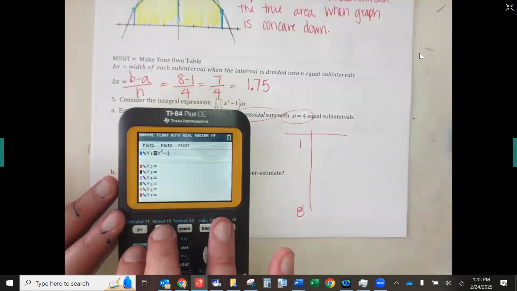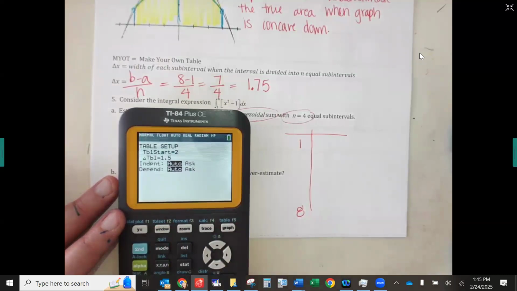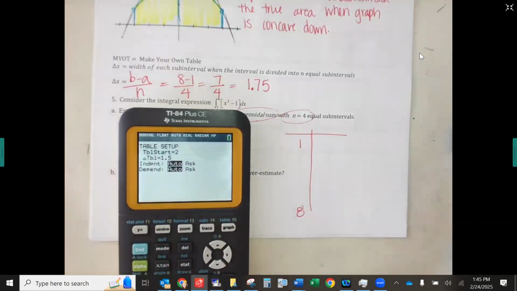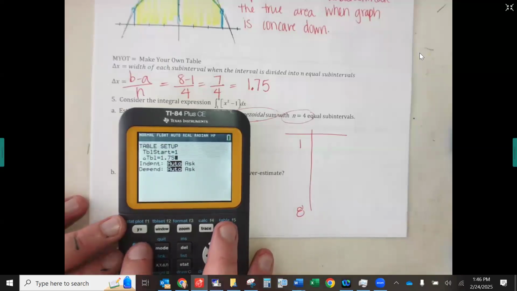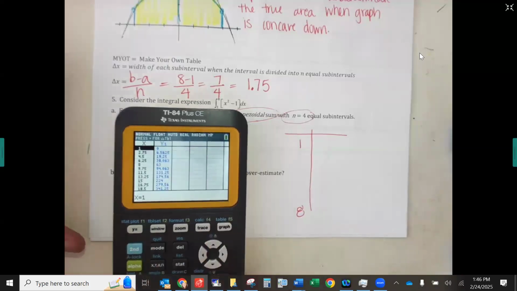Okay, then you're going to hit second window, and you're going to let your start value be the value you want it to start at, which is what number? 1, and the delta or the triangle is what you want it to skip by. So I want my table to start at 1, and I want it to count by 1.75. Okay, then once I've done that, I can hit second graph and look at my chart.